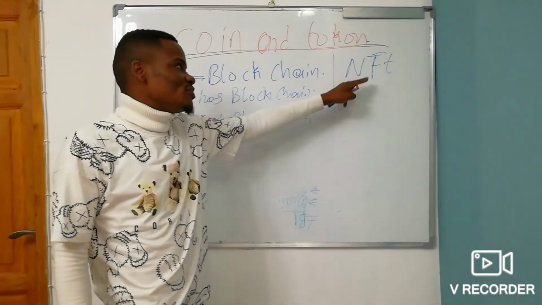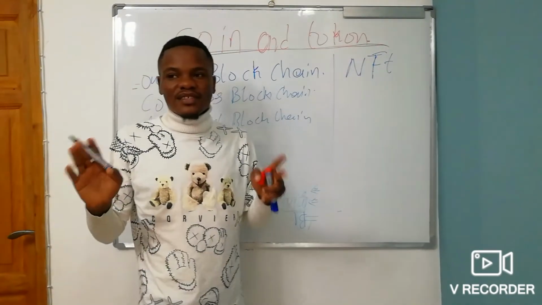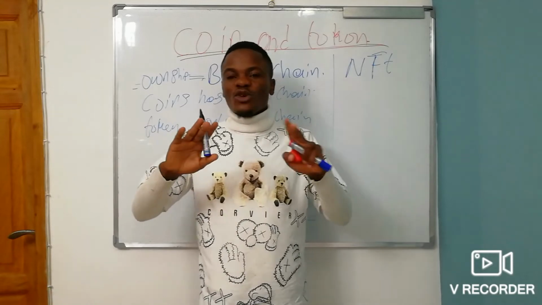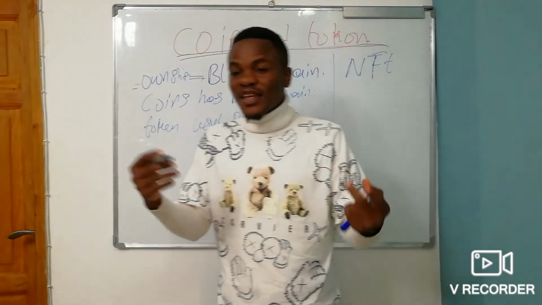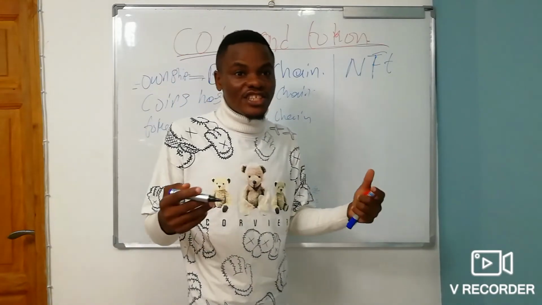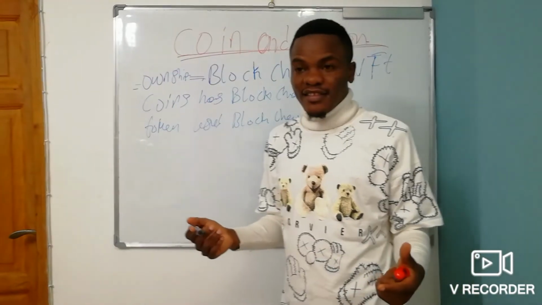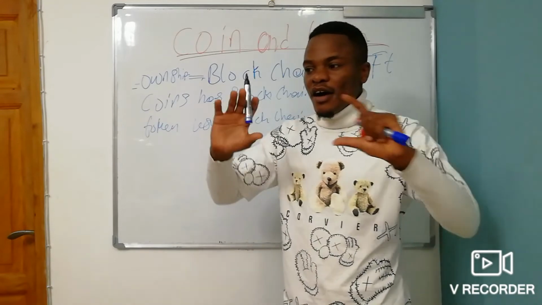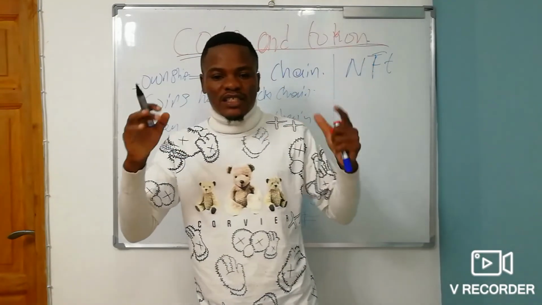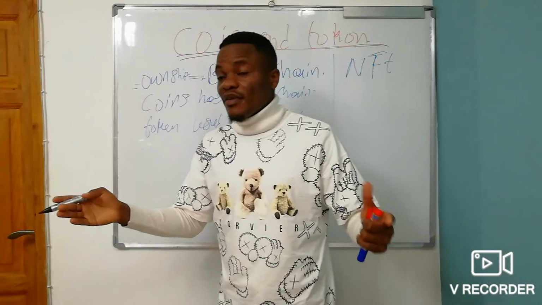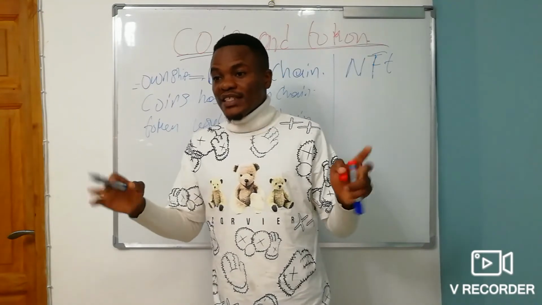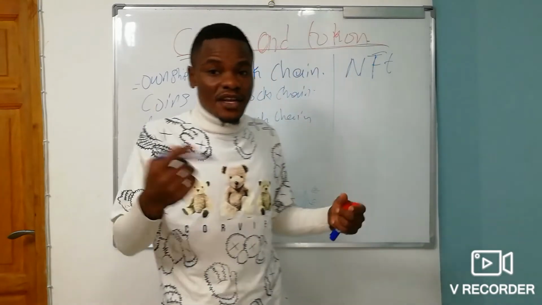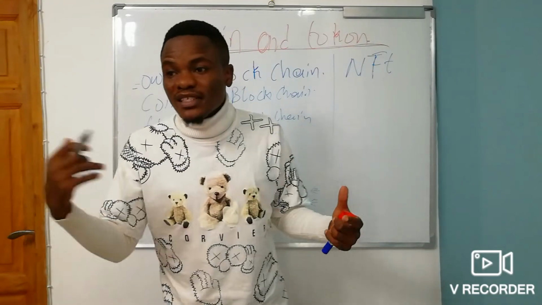They are non-fungible tokens, which means, when you talk about something that is non-fungible, what does it mean? When you say something is non-fungible, it cannot be exchanged for another, right? For instance, a picture, let's say the Last Supper, right? It's unique. You can't duplicate it. Even if you duplicate it, it can't really look like the original. That's why it's non-fungible.